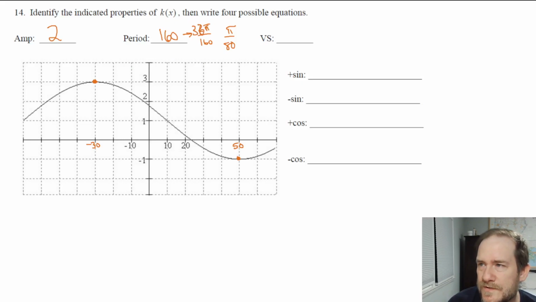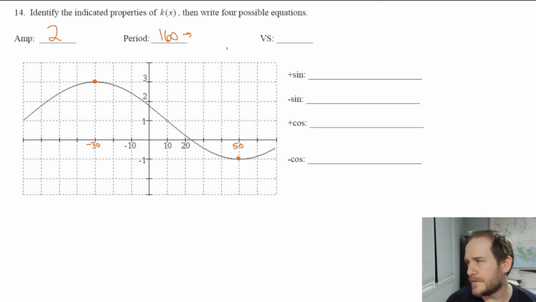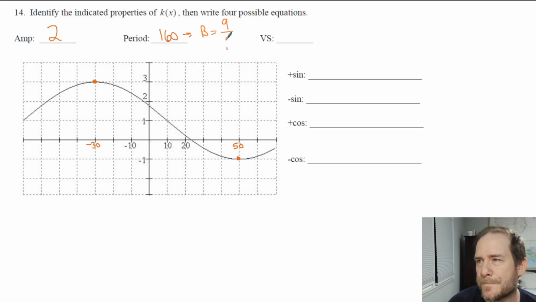So if this was 360, then I could cancel the zeros. I could chop everything in half and get 18 over 8, it would be 9 over 4. So let's do this one as if we're in degree mode. Who cares? It's fine by me, sort of. So the b value would be 9 over 4. And the vertical shift would put us at 1 again.